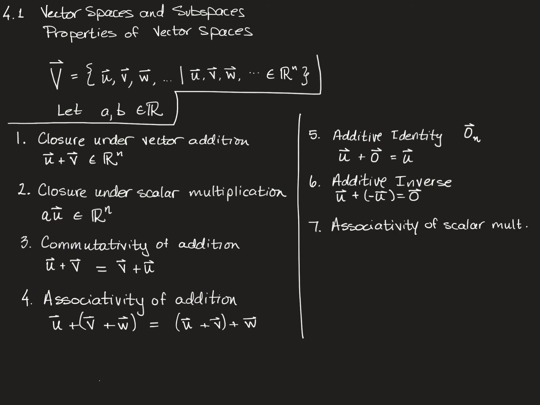The associativity of scalar multiplication we've talked about before as well. If I take a scalar A and a scalar B and a vector u, let's write that out twice, then what the associativity of scalar multiplication says is that it doesn't matter whether I scale my vector u by B first and then scale this resulting vector by A, or whether I just multiply my real number scalars together first and then scale u by that result.